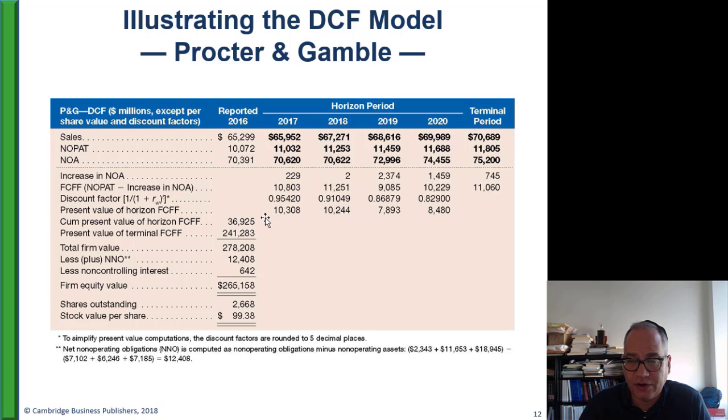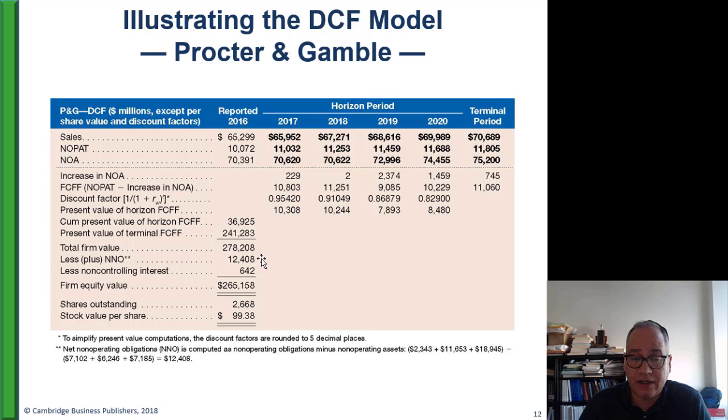This 36,925 is the sum of all the present values for the horizon period. The present value of the terminal free cash flow assumes payments of 11,060. So that would be an annuity based on a perpetuity. And that would give you firm value of 278,208.